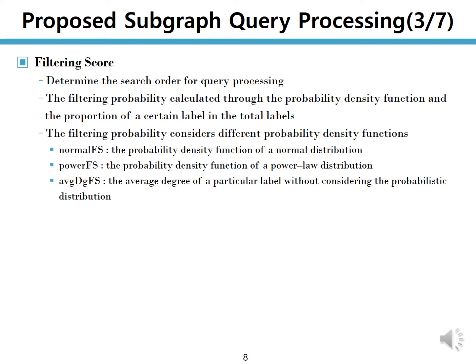Normal Fs is calculated through the probability density function of the normal distribution. Power Fs is calculated through the probability density function of a power law distribution. AVG-DGFS is calculated using the average degree of a particular label without considering the probabilistic distribution of the data.